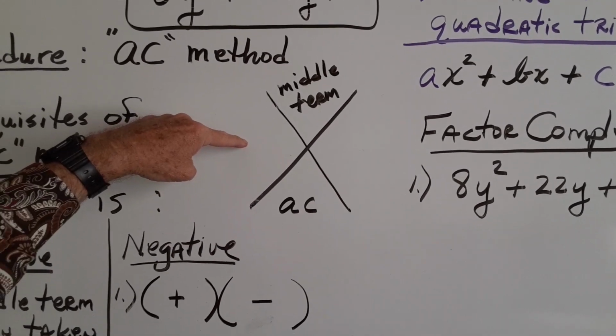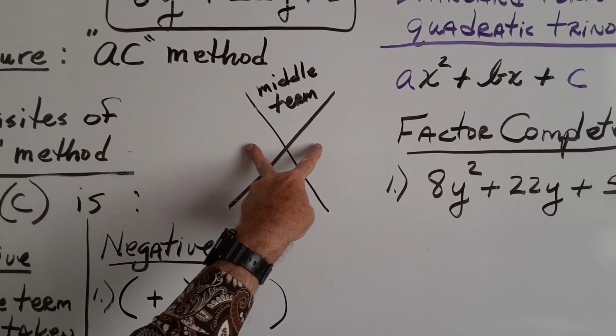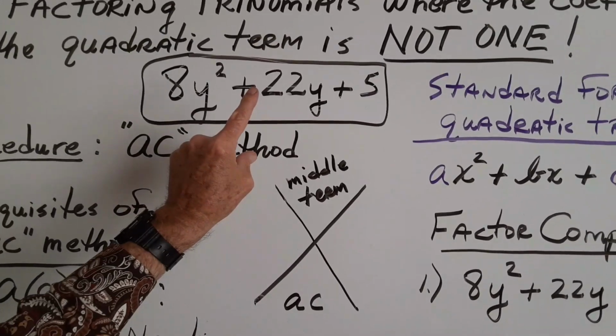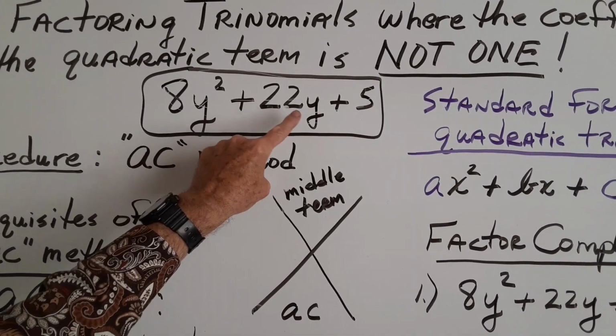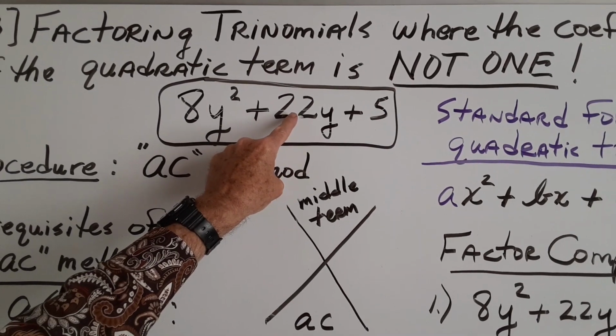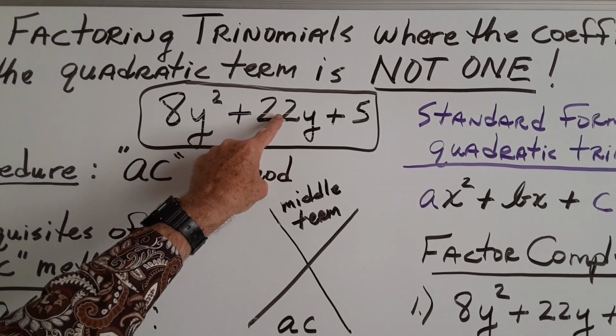The 9 o'clock region and the 3 o'clock region are going to be reserved for the two brand new terms of which the 22y is going to be split up for.